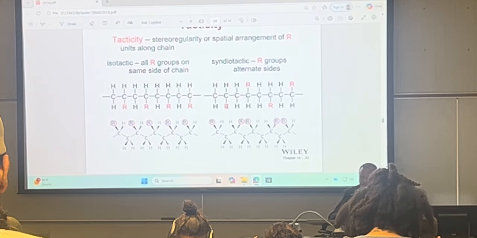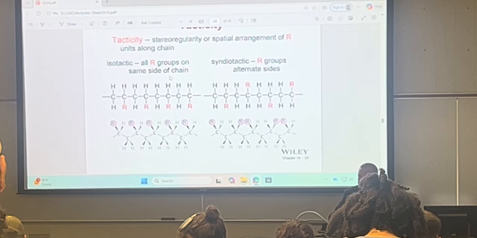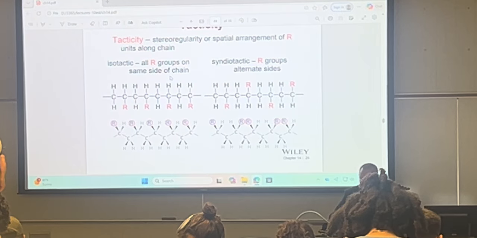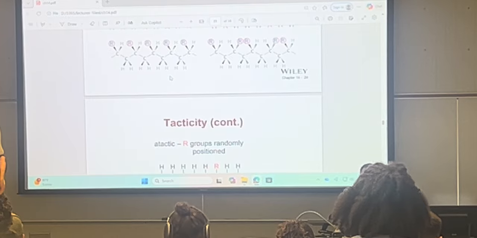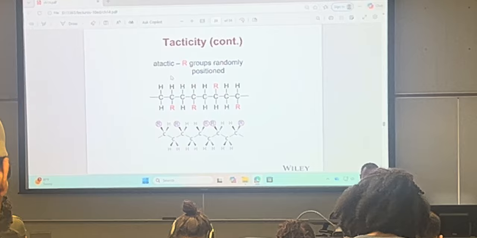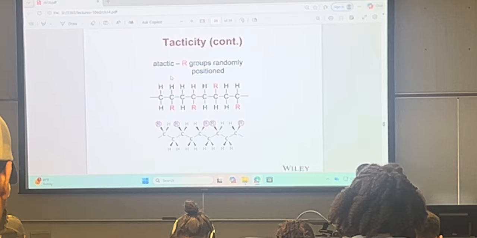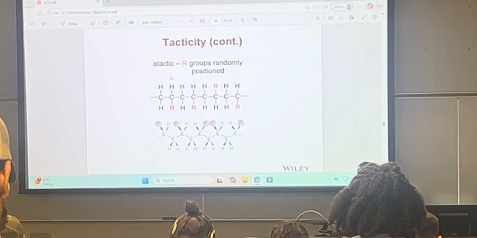Syndiotactic is when it's alternating: bottom, top, bottom, top, bottom, top. Or it can be atactic, meaning that it's randomly distributed.